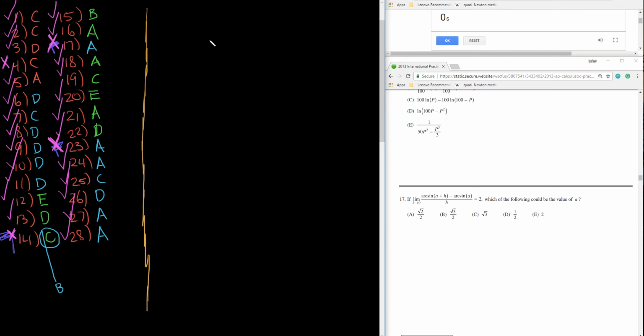So probably we'd start with the sine of y equals x, because this implies that y equals the arcsine of x. So the derivative of y, dy dx, times the cosine of y equals 1.